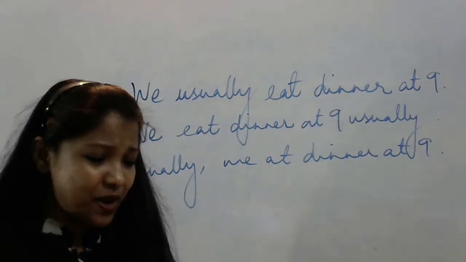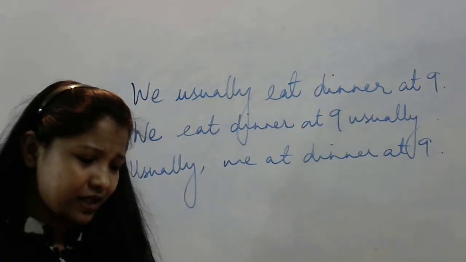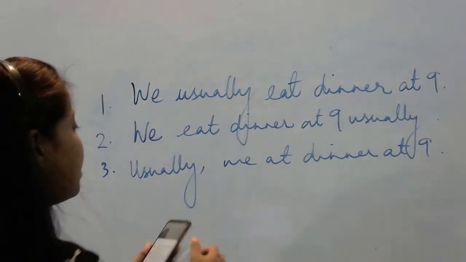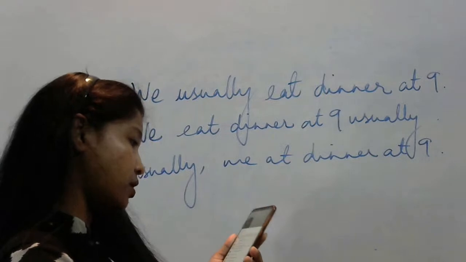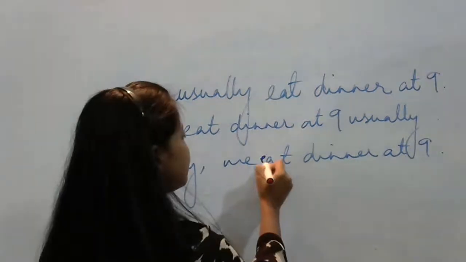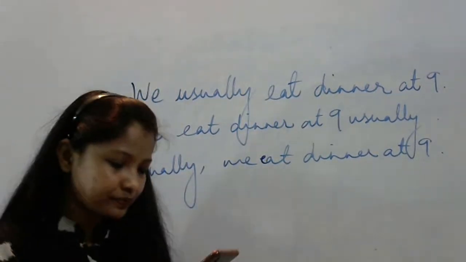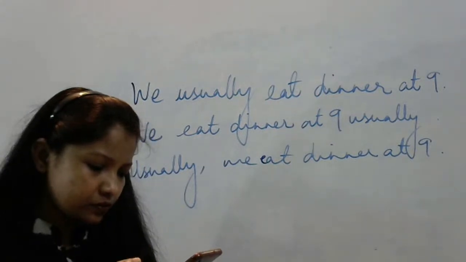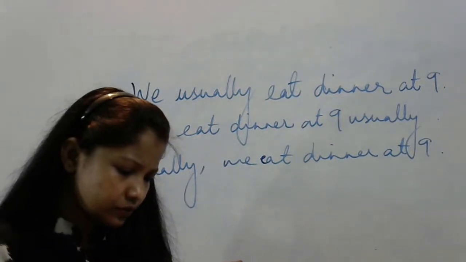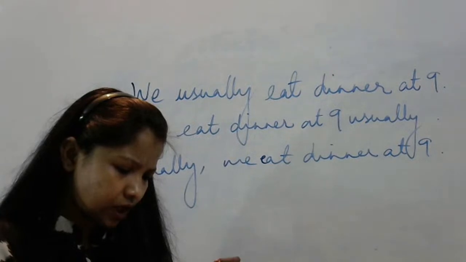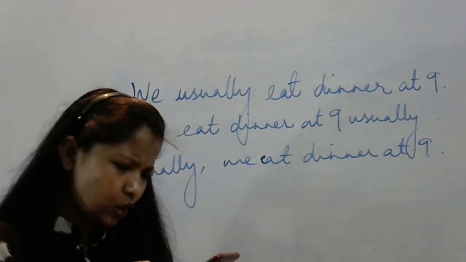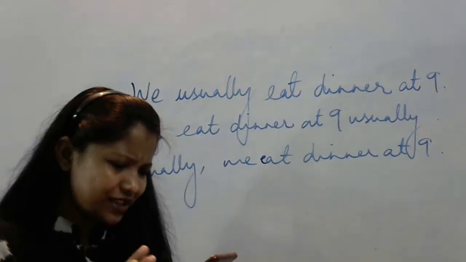Okay, Sagarika, maybe all answers correct. Should be eat. Oh, sorry. Oh, Pratyusha Satpaniya, it is eat. One thing, I think two is also a correct answer. We usually eat dinner at 9.